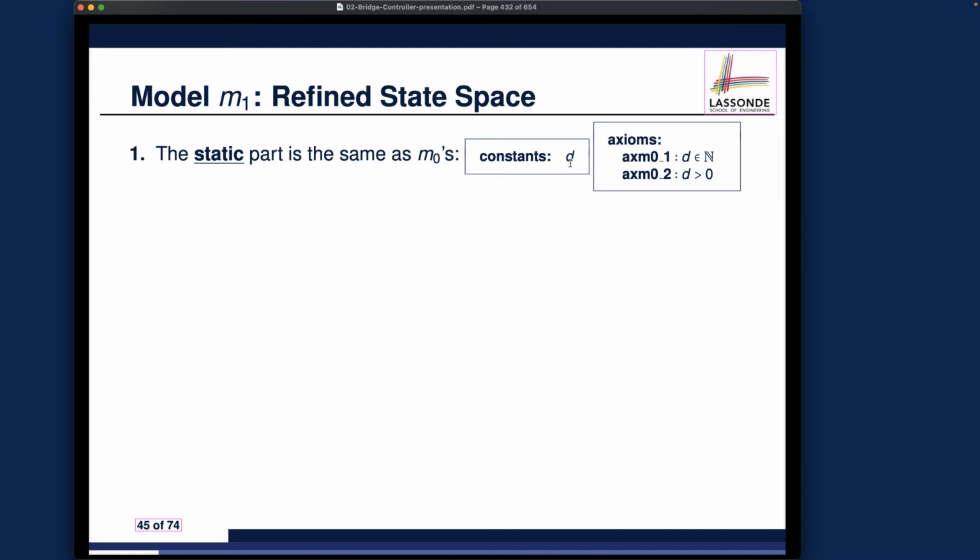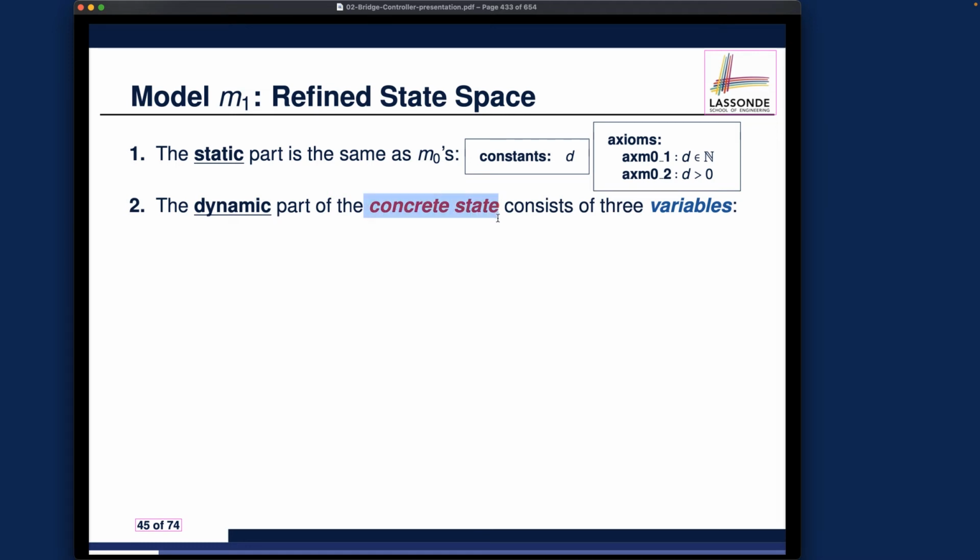the summation of the number of cars on the bridge and on the island in total. And we also have the dynamic part, so this is something new we want to clarify, right? What's really new? We call this the new set of variables, the concrete states. Whenever we talk about concrete, that means it's relative to something more abstract.